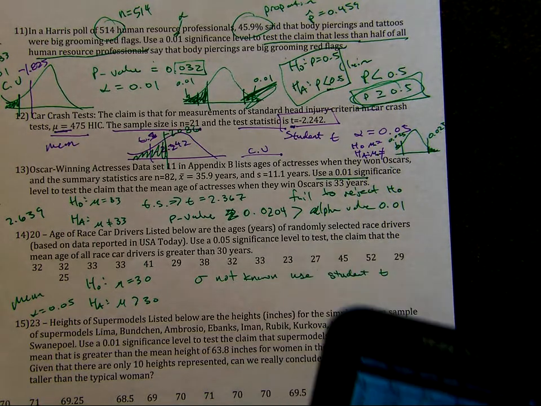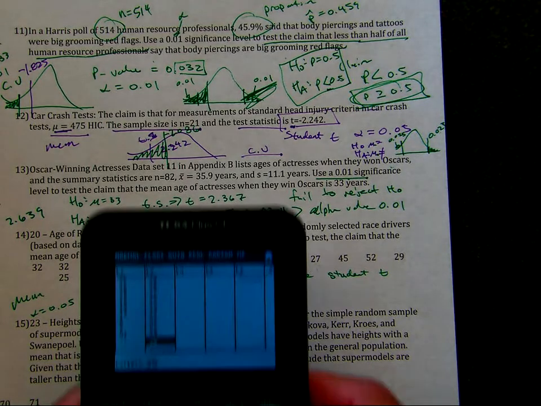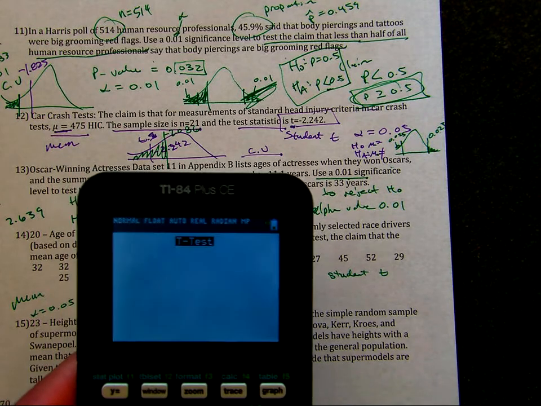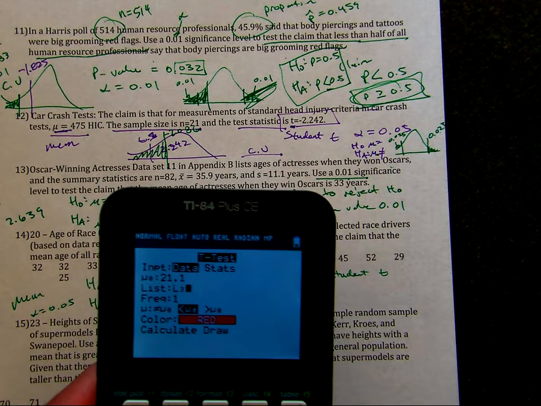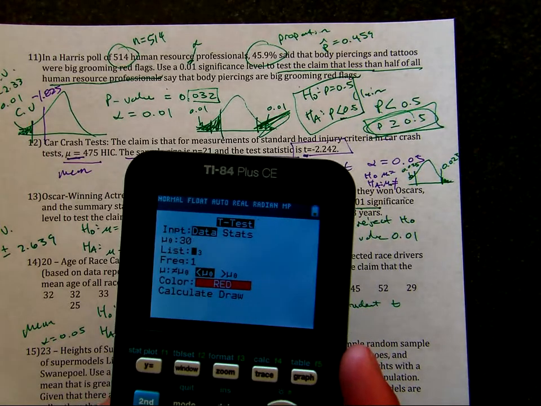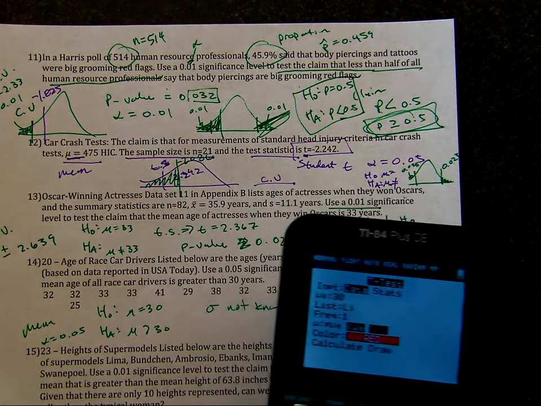Stat, tests, t-test, data, L3, and mu0 is what you're comparing it to, 30. In this case, we're doing greater than 30, and we'll do calculate. And you arrive at the following.